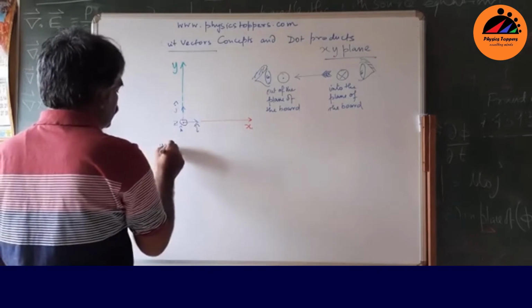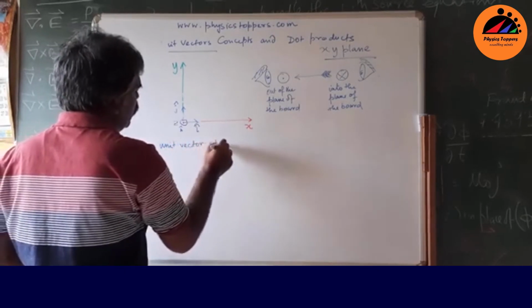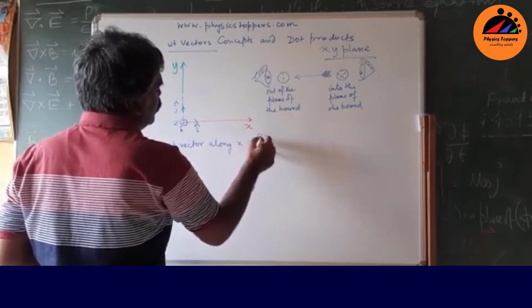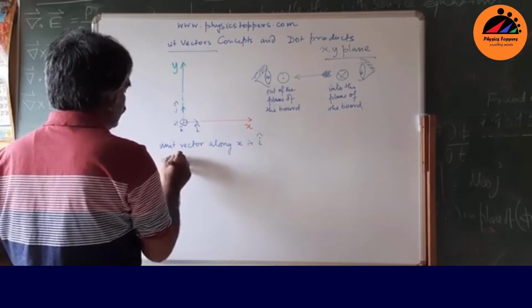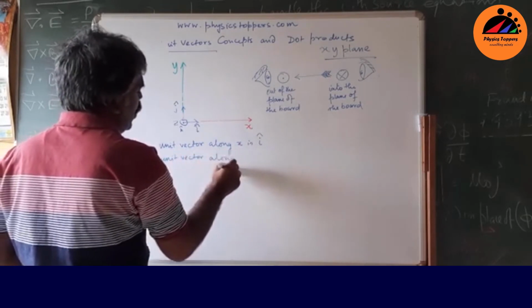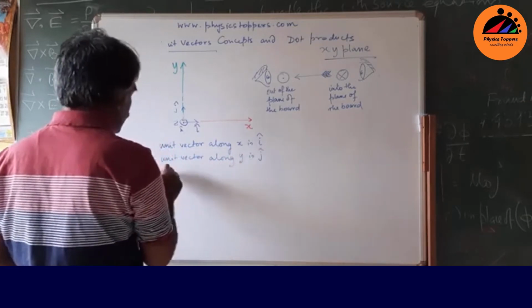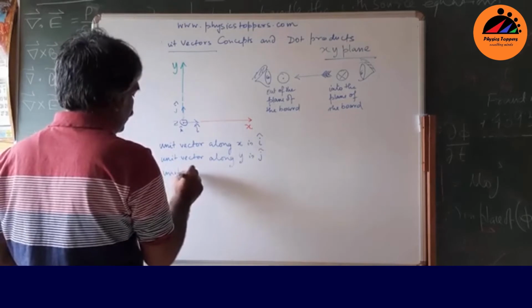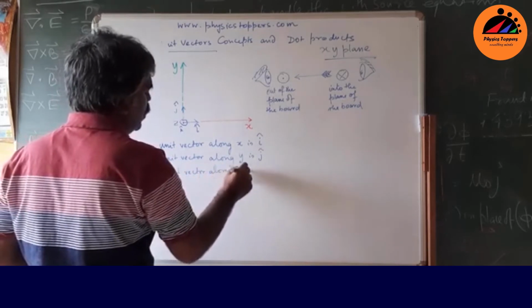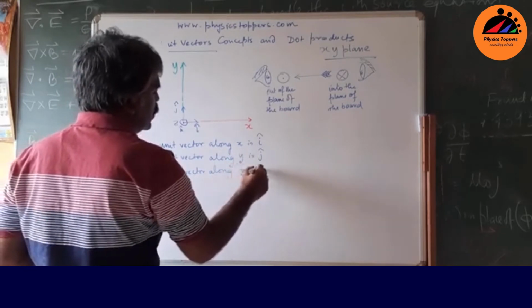So the unit vector along x is I cap, the unit vector along y is j cap, and the unit vector along z is k cap.